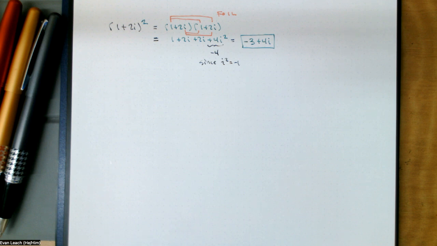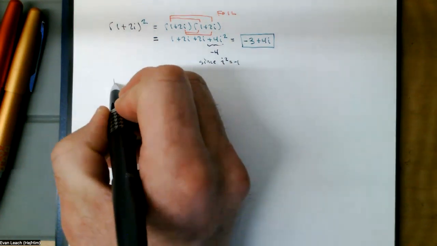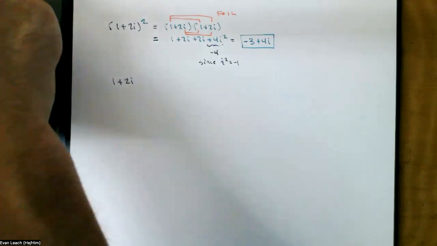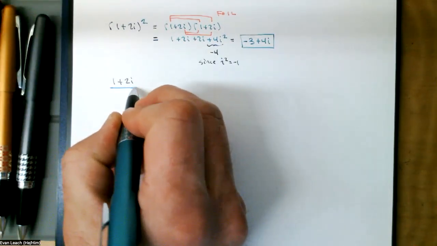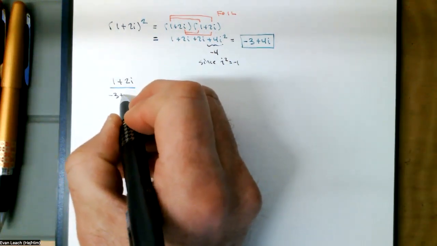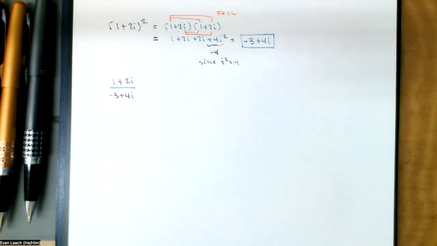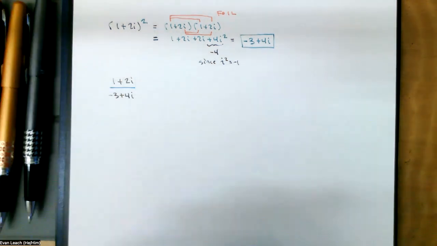Division is weird. So that one I would not ask you to guess on. Division works out weird. But if you wanted to divide, the technique for division is weird.